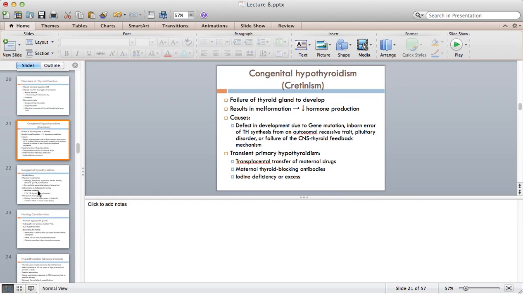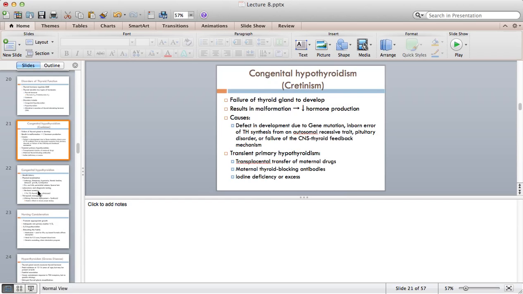If anything happens during that sensitivity period in fetal development, it can affect development of the thyroid gland. So the thyroid gland fails to develop, and with that, there is a malformation of the thyroid gland, and that consequently will result in under-production of the hormone.